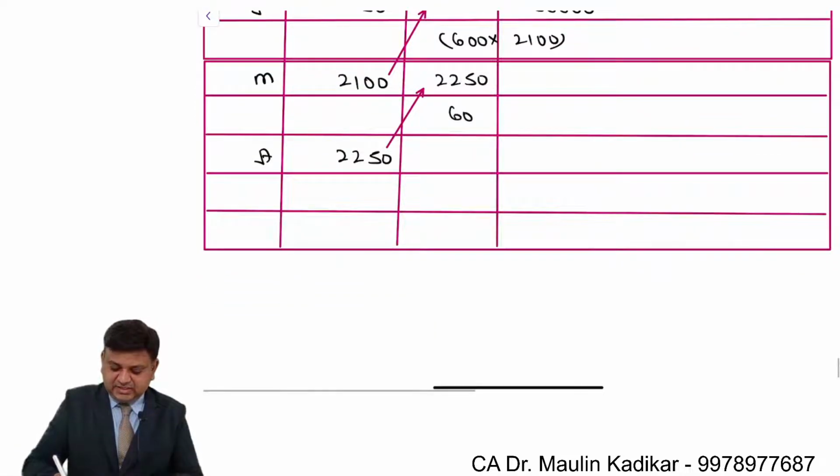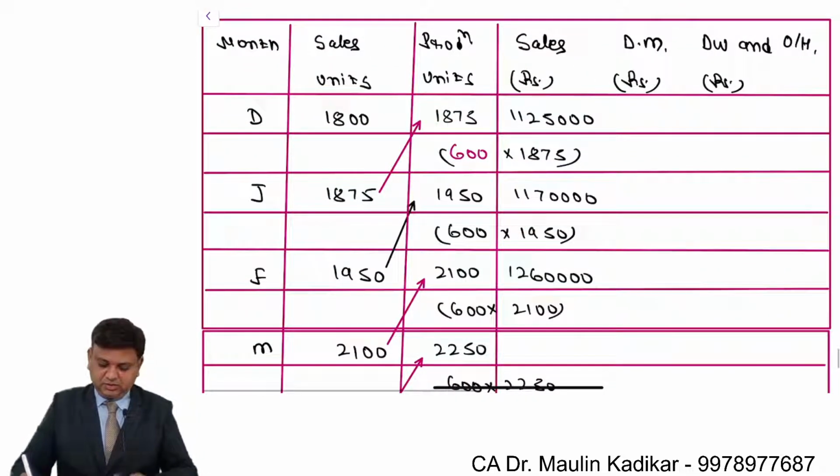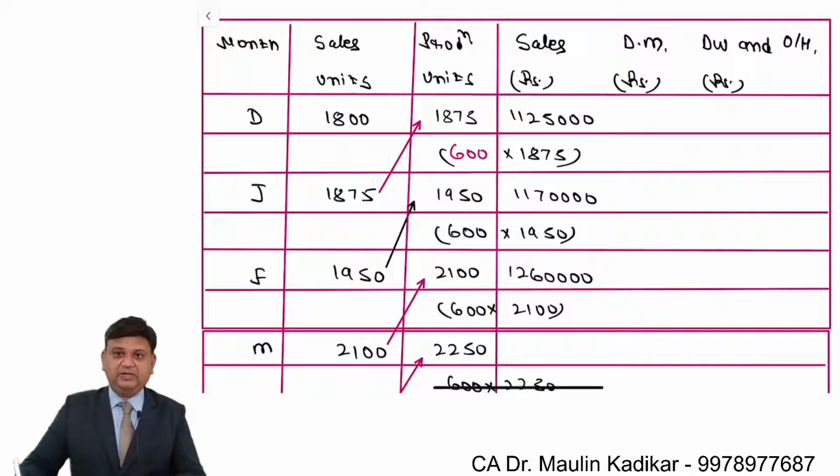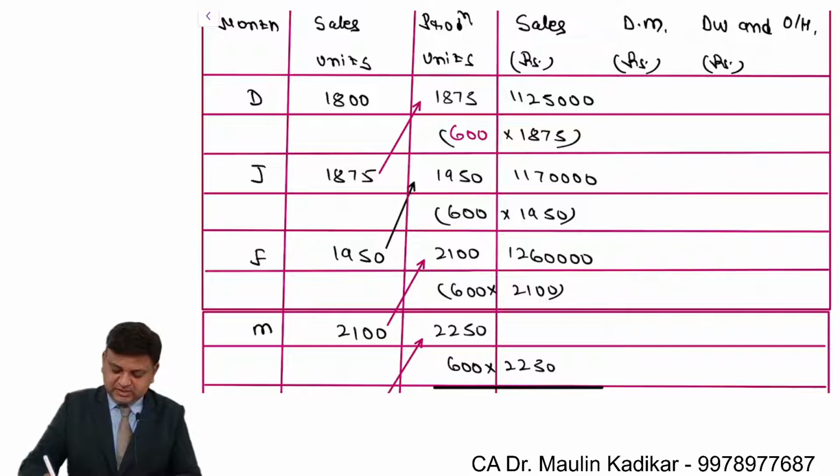Next is again 600 into 2250. Oh, sorry, I have written it wrongly. It is 1800 into 600 is the sales value.